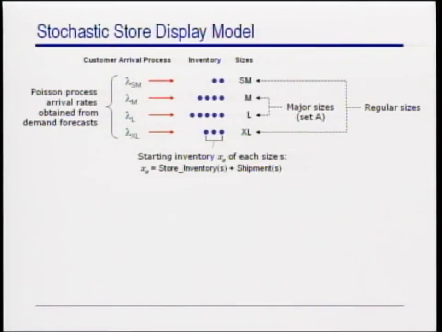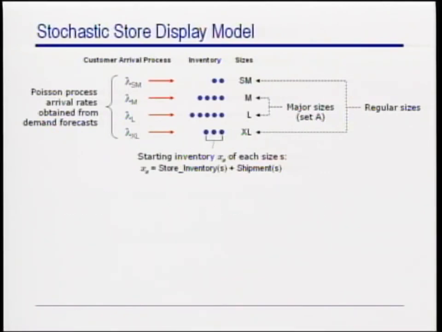A key observation for the analysis is that the sales process for each size is interrupted every week, either when that specific size runs out, when the first major size runs out, in which case the entire article is removed from display, in that case the major sizes are medium and large, or by the end of the week, whichever comes first among those 3 events.